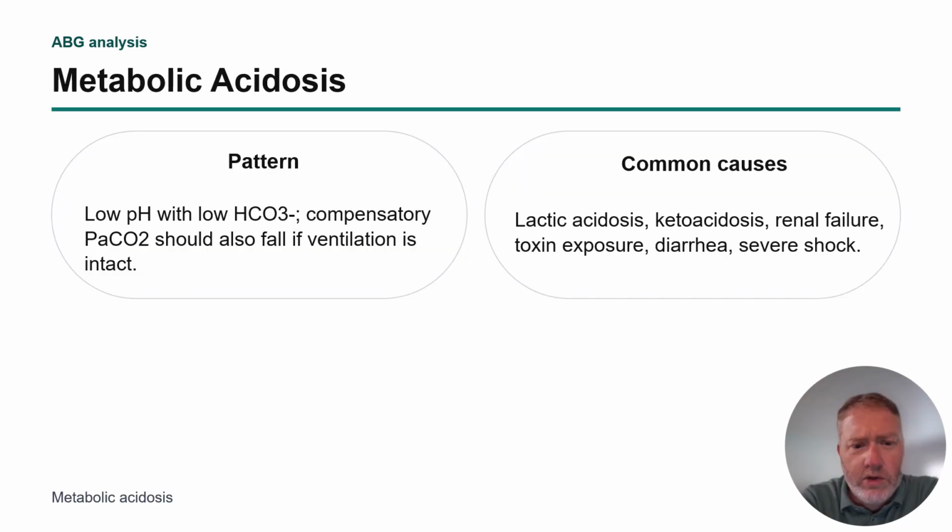Switching gears to the metabolic side, so metabolic acidosis, that's when the pH is low and the bicarb is low, and the PaCO2 is either normal or low. The CO2 will fall if ventilation is intact as the patient tries to compensate for the metabolic acidosis component.